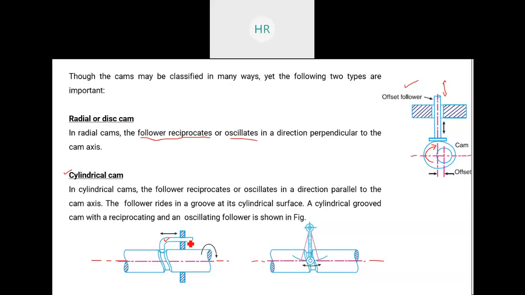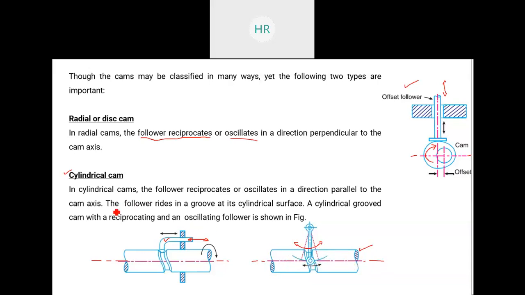You can see the motion of the follower is in this direction, which is parallel to axis of cam. And in this figure also, the axis of cam is in horizontal direction, and motion of follower is like this. You can say oscillating parallel to this axis.